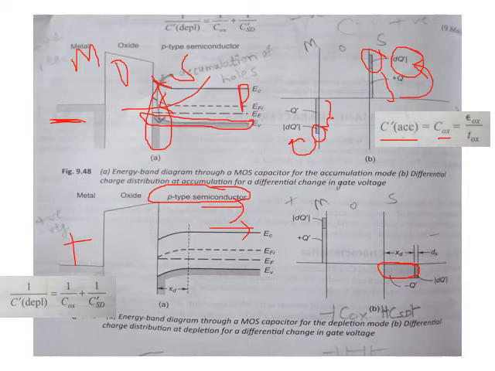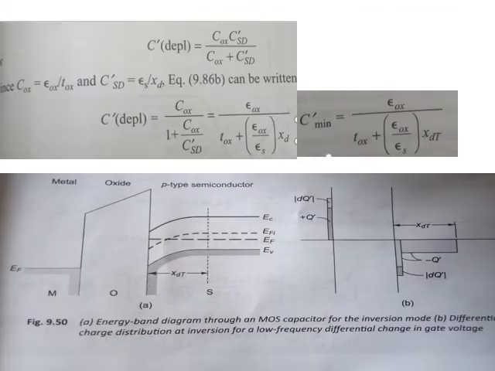And now the capacitance will be the series capacitance. Yesterday we have seen that, right? So it will be series capacitance, and we have applied the formula. For two capacitors connected in series, it is given by 1 by C1 plus 1 by C2, right? If we simplify that, we will get Cox times CSD divided by Cox plus CSD.